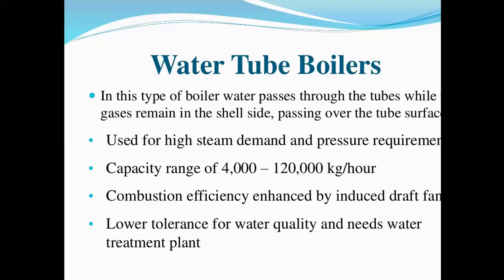In a water tube boiler we use a smaller quantity of water compared to the 5-tube boiler, so we have to maintain the quality of the water. If quality is not there, we use a water treatment plant, which is necessary for water tube boilers.